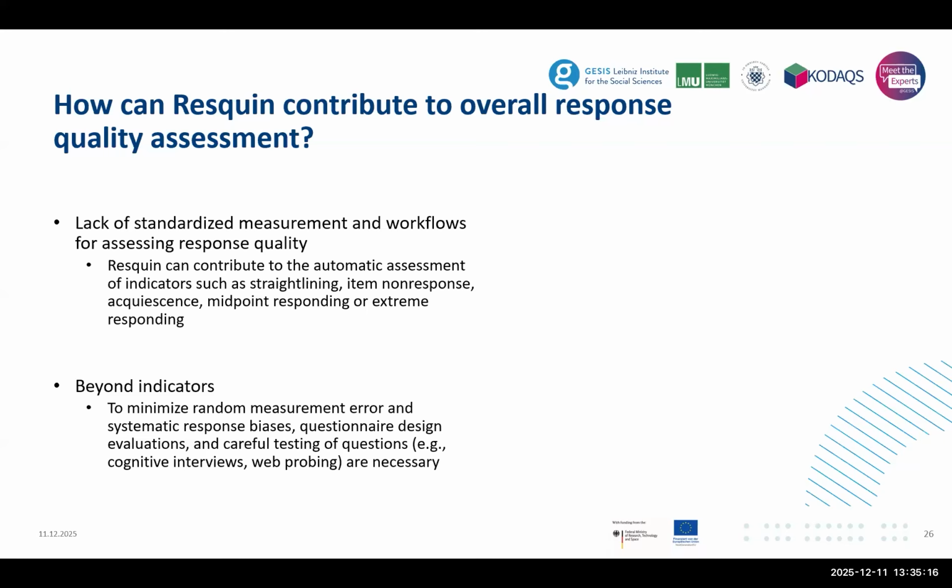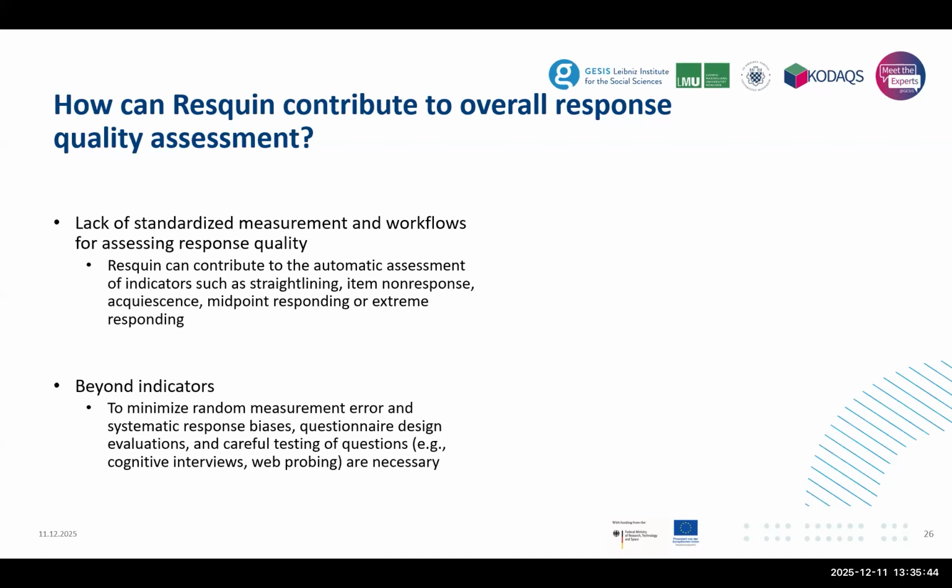Here I think Resquin can contribute to the automatic assessment of certain indicators like we saw, for example straight lining, item non-response, acquiescence, midpoint responding, or extreme responding. But also, to highlight this again, even beyond indicators, when we think of response quality and measurement quality, it's always important, if you want to minimize random measurement error or systematic response biases, to also pay attention to questionnaire design.